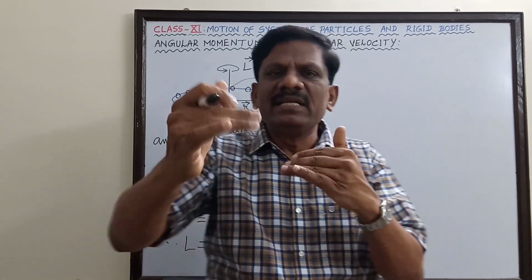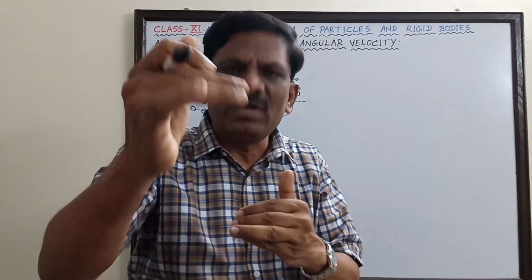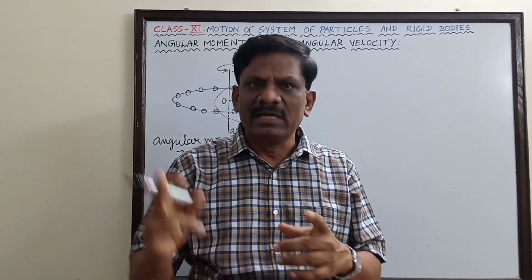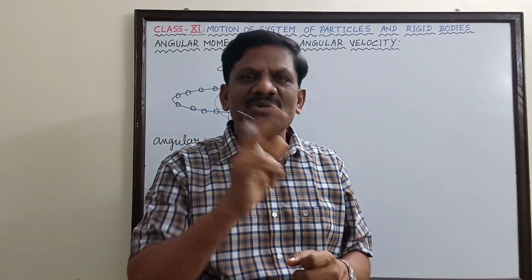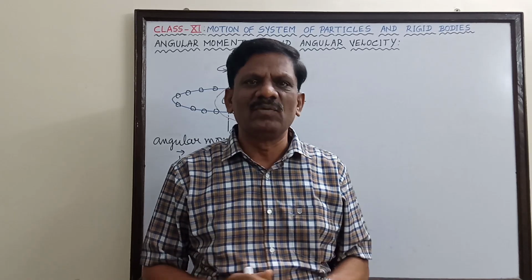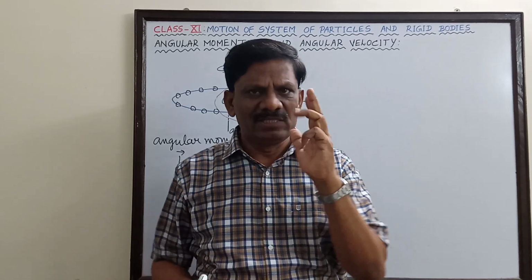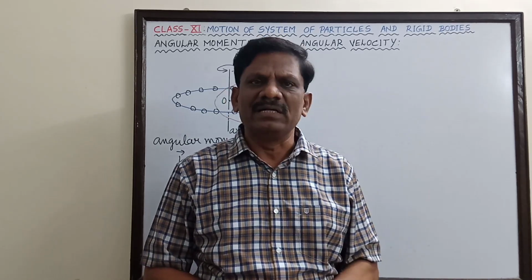Now I have told you the entire rigid body is exhibiting rotational motion. But each and every point mass present inside the body is exhibiting circular motion. So they possess two velocities: one is linear velocity v, the other is angular velocity omega.